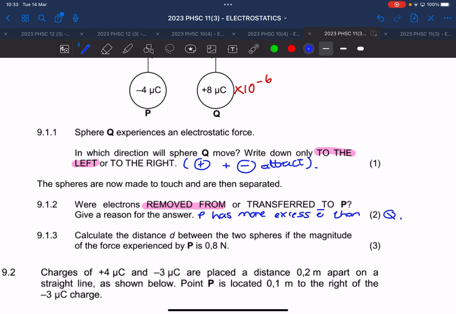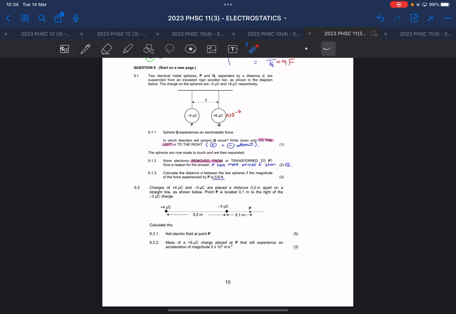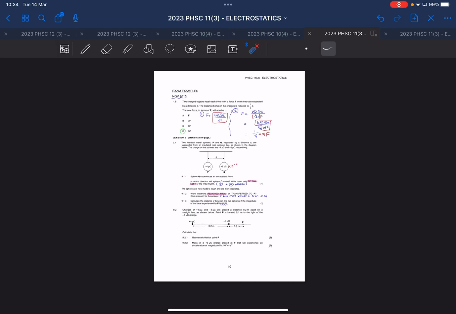Alright, now they say calculate the distance d between the two spheres if the magnitude of the force experienced is that. And that is now after they have touched. So is this still their charges? No. Alright, so I'm going to do this on a separate page.